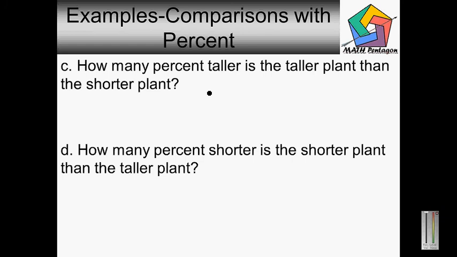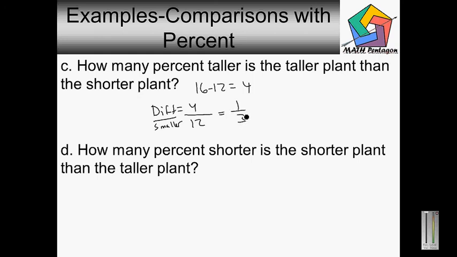Okay, the next one is asking how many percent taller is the taller plant than the shorter plant. So we need to find the difference. So between 16 and 12, the difference is 4, so our difference is going to be 4, and that's our numerator. And we're comparing to the smaller plant, so that would be 12, smaller plant.